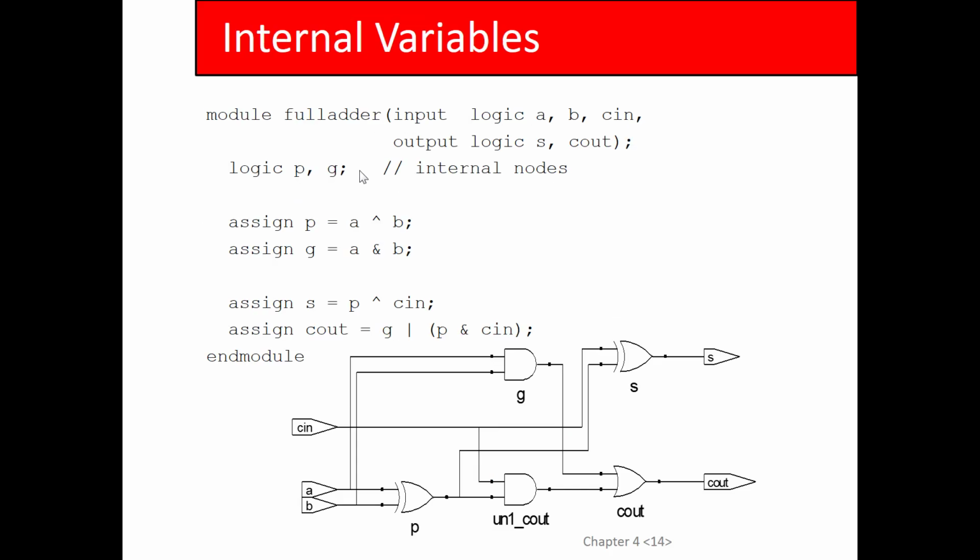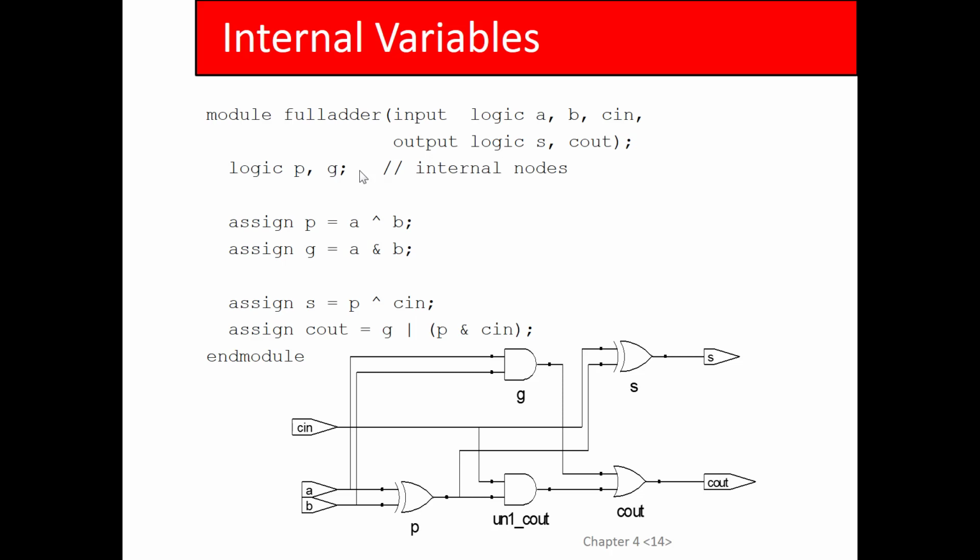Okay, here's another example of a full adder. Is this structural or behavioral? It's behavioral, because we don't have any other modules that we're instantiating inside of here. This is all just assignment statements and Boolean logic. So this is behavioral code.